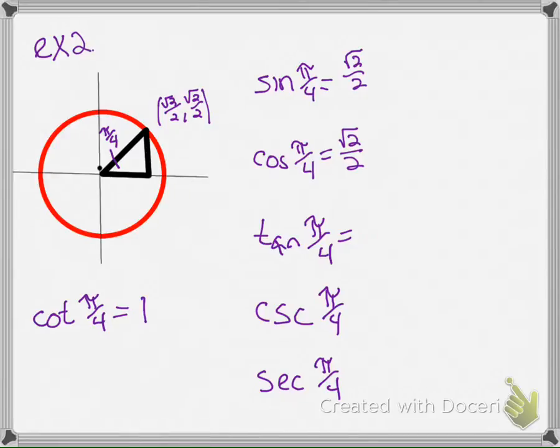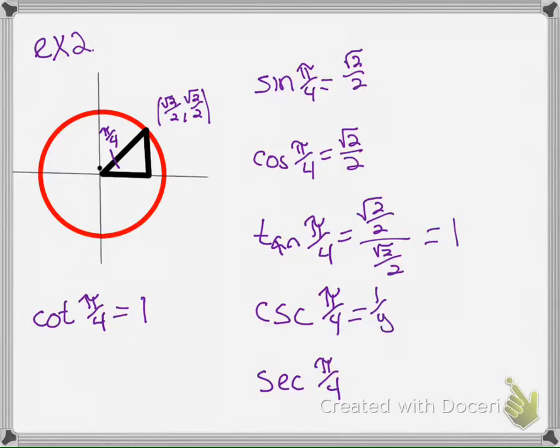I can show that step in this one and you understand it for the next one. So we have square root of 2 over 2 divided by square root of 2 over 2, which equals 1. Now we are at finding our reciprocals. You guys actually had these already given to you. So what is cosecant? What is it? 1 over y?